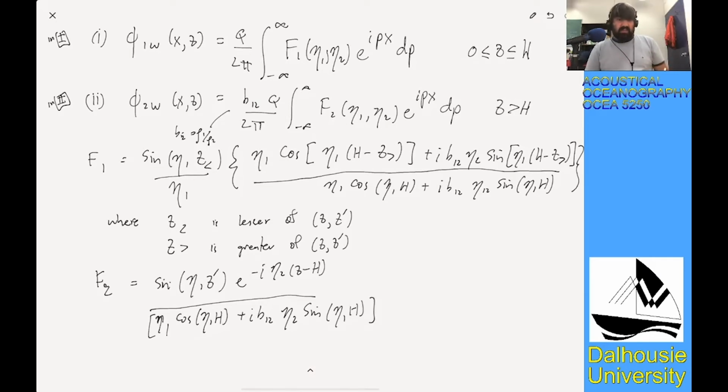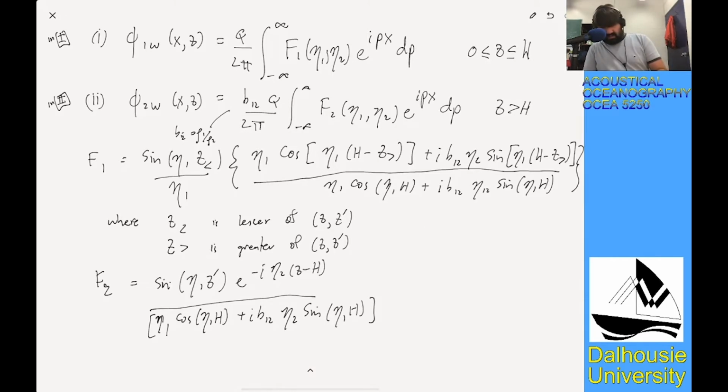Okay, so pretty monstrous thing, but actually the important part is really, really simple. And this is totally the same as the Pekeris, the original solution.